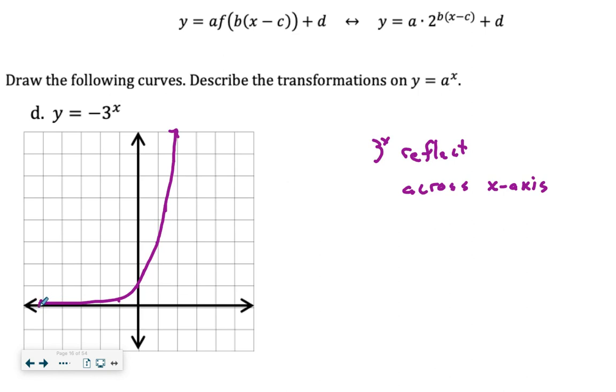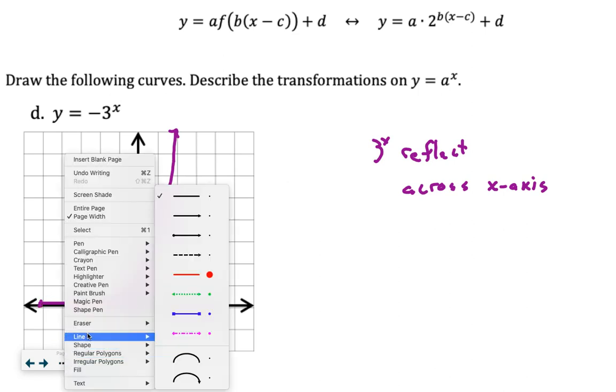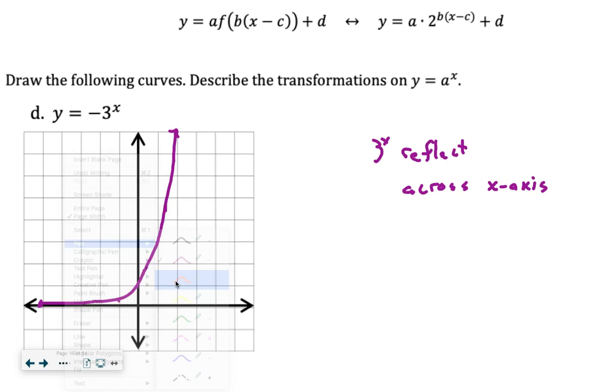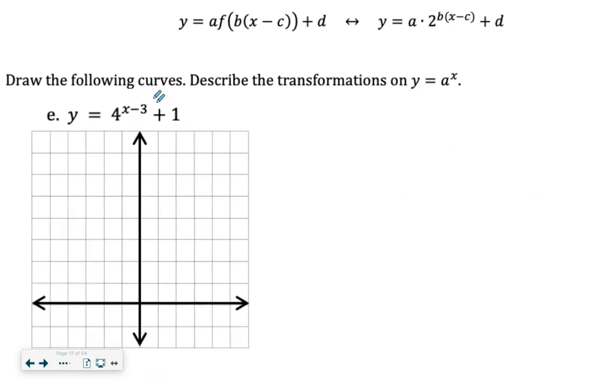So now if I take that and reflect across the x-axis, here is negative 3 to the x.